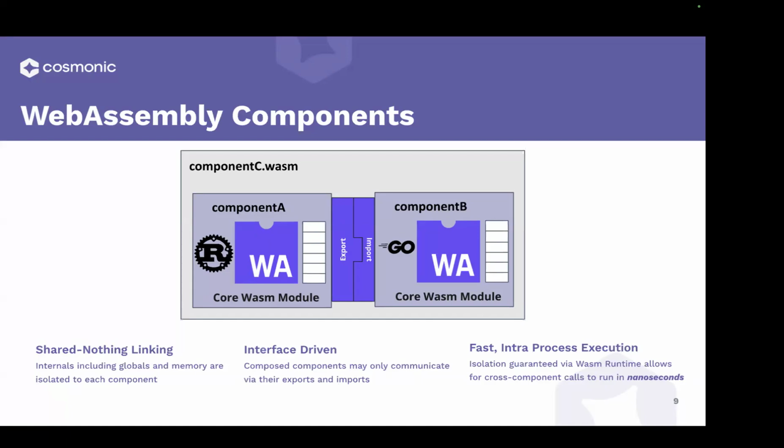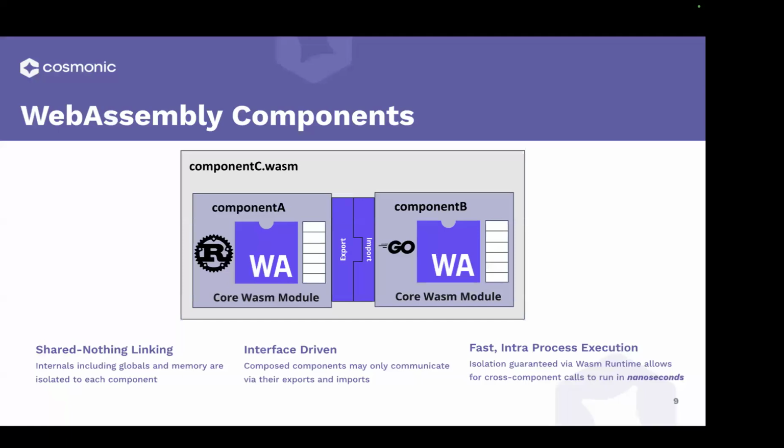But you still get all the benefits of WebAssembly's core functionality, which is stuff like shared-nothing linking, meaning that each module has its own, not shared, memory. It's all isolated, which means that there's no cross-boundary access. You can't try and reach out and access a piece of memory. It will fail. It will crash the application.